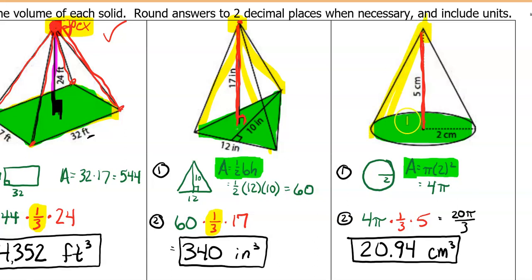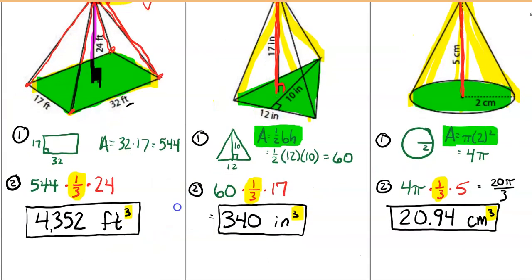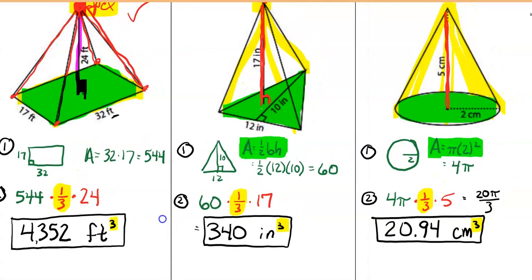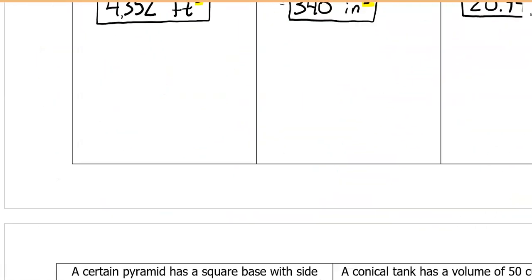Over here, a cone is basically just a pyramid. Everything goes up to an apex. So I multiplied by 1/3, and then the distance between the apex and the base, and then rounded to 2 decimal places, and went with cubic units because I was measuring volume. You can pause the video if you want to look through those steps a little bit.